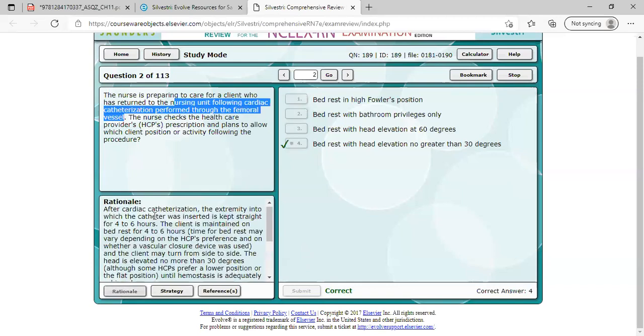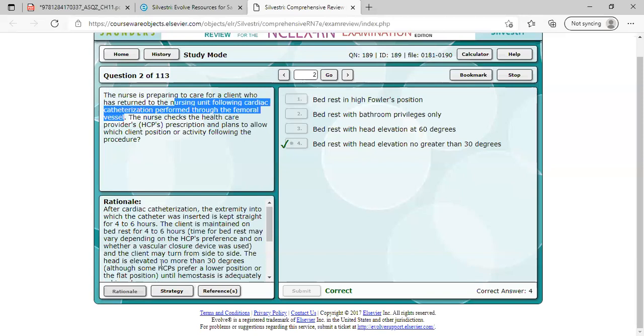So after the cardiac catheterization, the extremity, meaning the leg into which the catheter was inserted, is kept straight for 4 to 6 hours. The client is maintained on bed rest for 4 to 6 hours, and the client may turn from side to side.